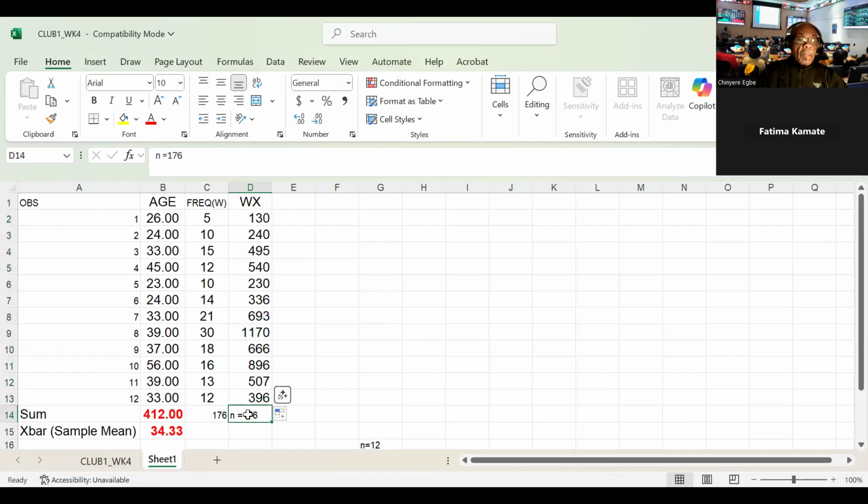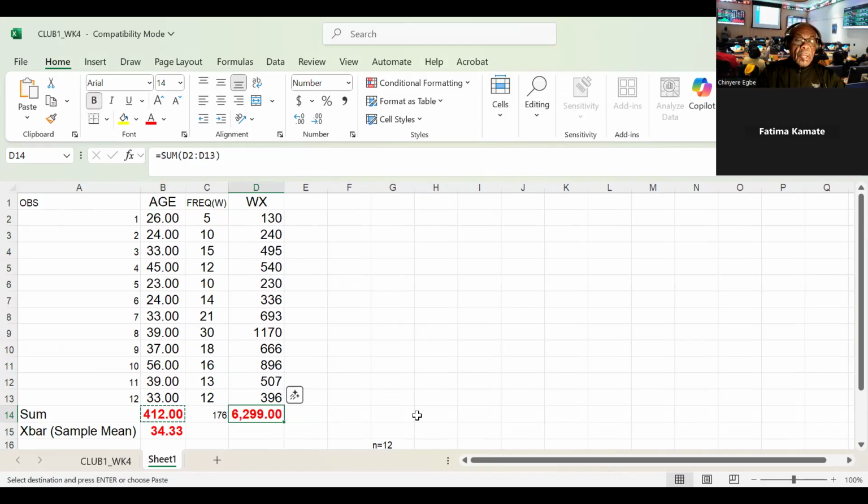So now we're going to get the sum. So the sum of the weights times the value is 6299.